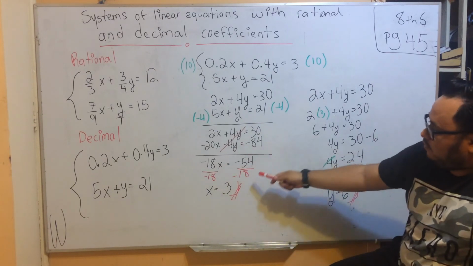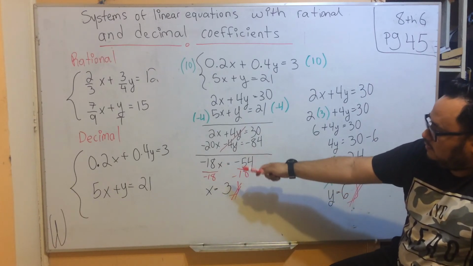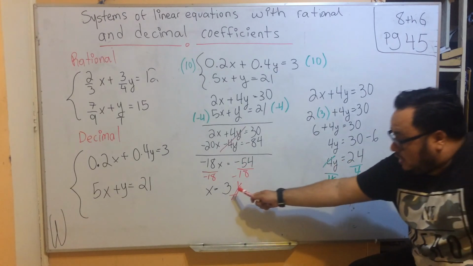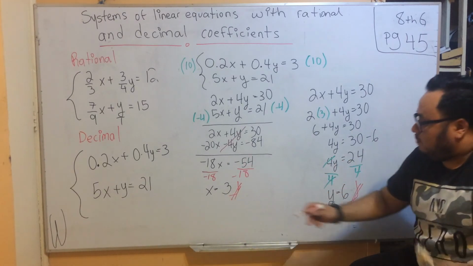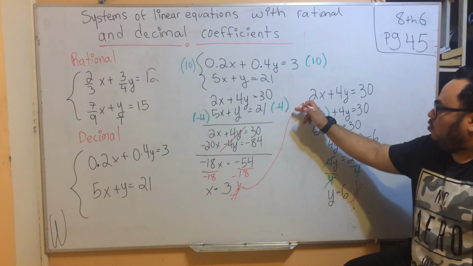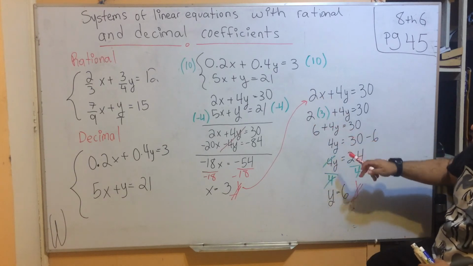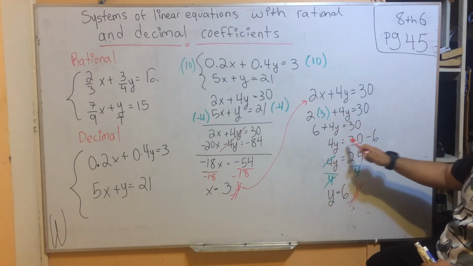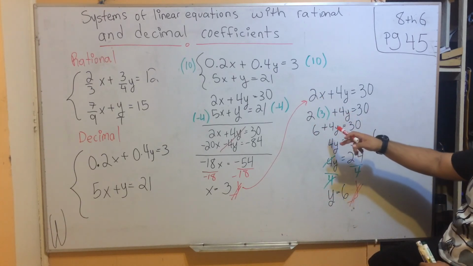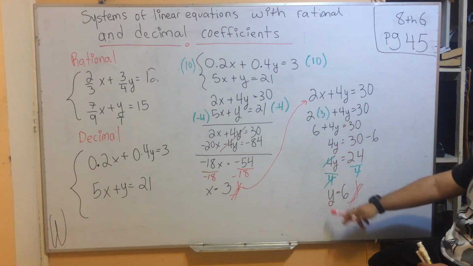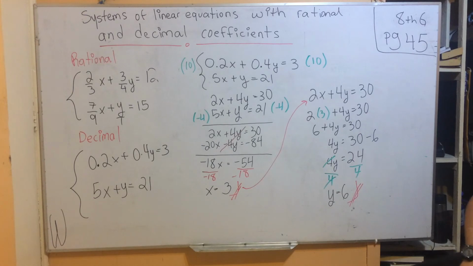Then we just solve for x: divide, and have the answer for x. Once we have the value of x, we bring it into one of the original equations and substitute so that we can find the value for y. We start subtracting or adding, then we divide so that we can have y alone, and we have the value of y.